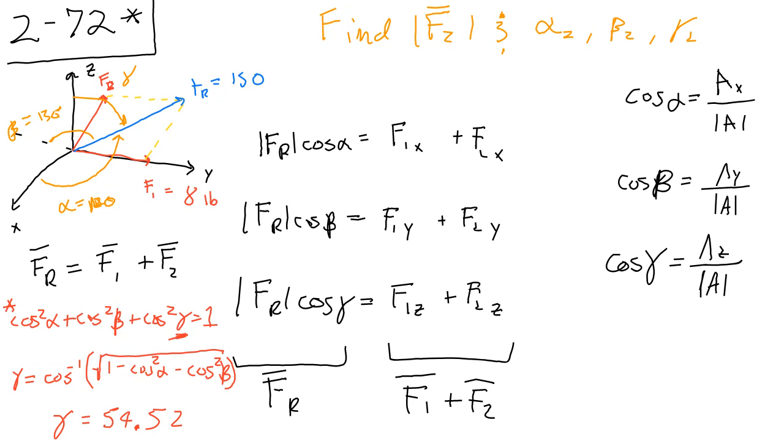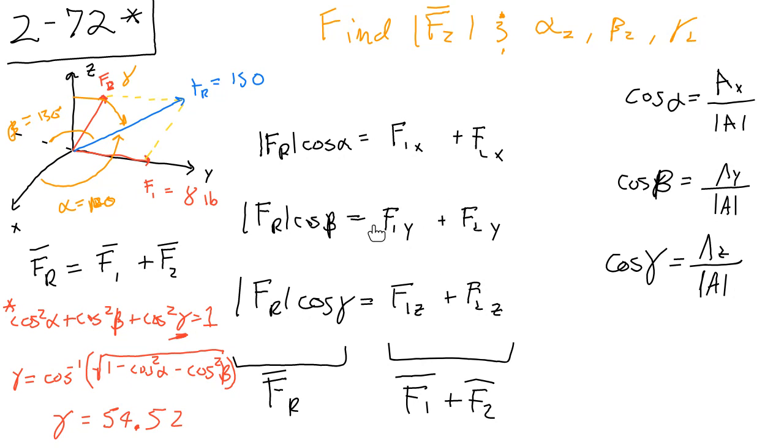Okay, so we solve for gamma now. With gamma, we can now go over here and plug in gamma. We use all three of these equations to solve for the components of F, right? So we want to solve for all of this over here.